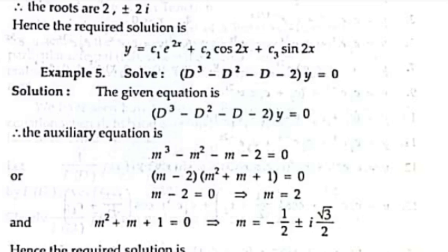If the roots m1 and m2 are real and distinct, the solution is c1 e^(m1 x) + c2 e^(m2 x).